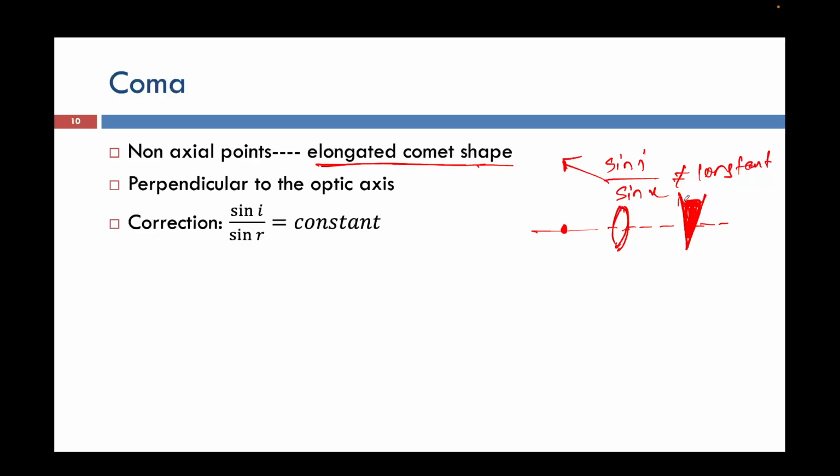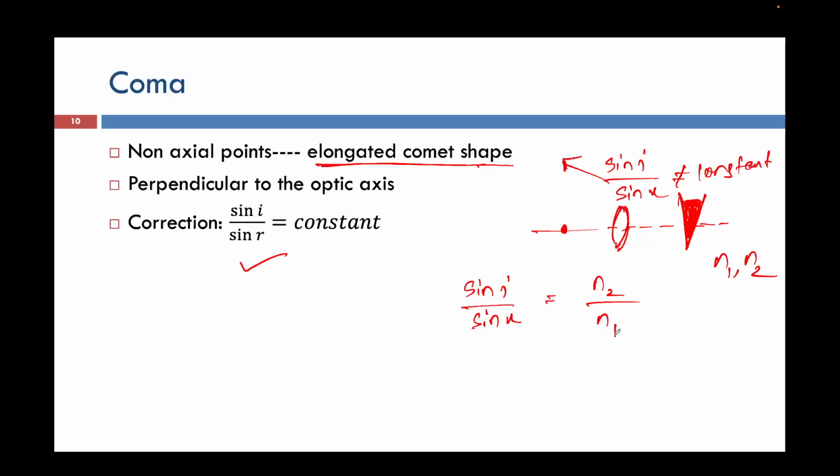And how will you correct it? Correcting this means making sin i by sin r equal to a constant. Why is sin i by sin r important? Because for two media n1 and n2, sin i by sin r is equal to n2 by n1. So if this is not constant, that means the refractive index is varying, and if the refractive index is varying, the velocity is also varying.